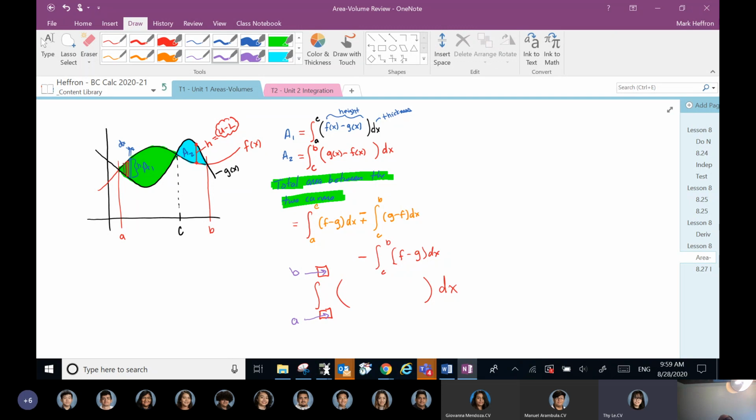So is it 2F minus 2G then? Not really, because we still need some combination of F minus G or G minus F, but they switch. There's something sneaky here. Anybody remember what you can do? Cesar, do you remember?